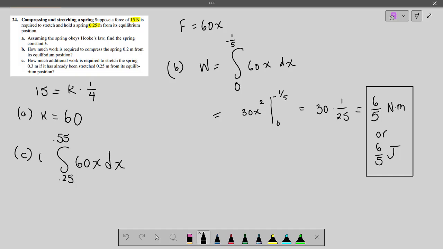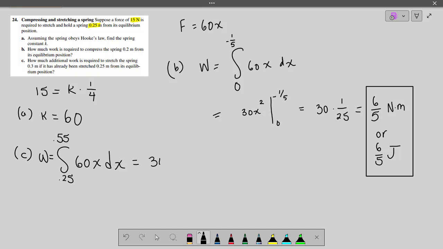So this would be the setup here. It's not asking how much work is done in stretching to 0.25. It's asking how much additional work is required. So we want the additional work.